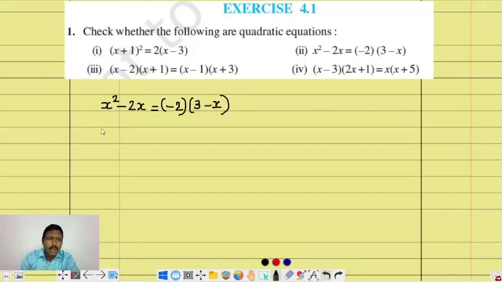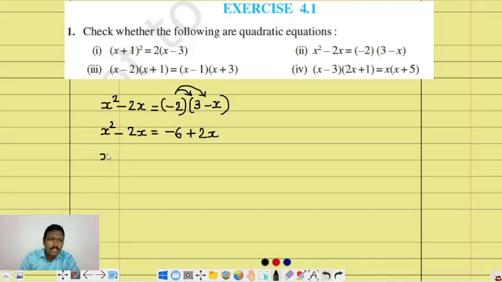Right side, left side, nothing to do. You can write the same, that is x squared minus 2x is equal to, open this bracket. Minus 2 into 3 will be minus 6. Minus 2 into minus x, minus into minus will be plus, 2 into x will be 2x.